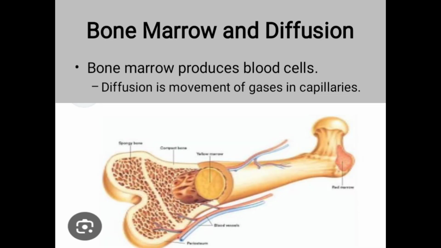Now move to the next: bone marrow and diffusion. Bone marrow. What do you think bone marrow means? Can anybody tell me? So easy. What is confusing in this bone marrow? Okay, let me tell you. Touch your nose at the upper side. You can feel something like bone there, and at the lower side something soft.